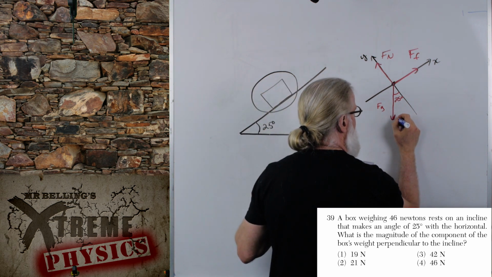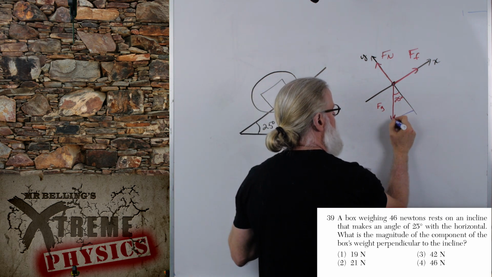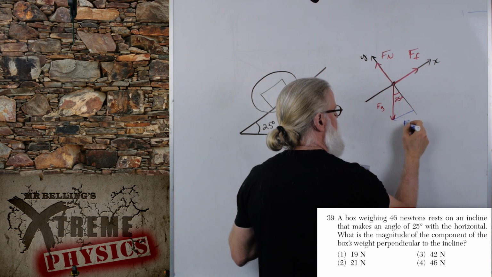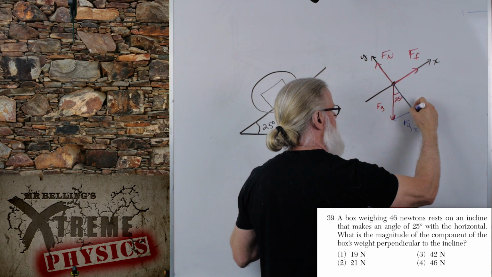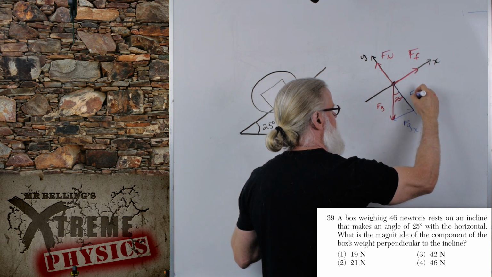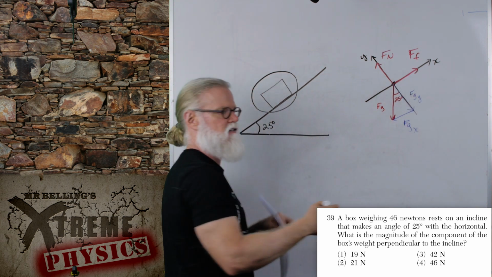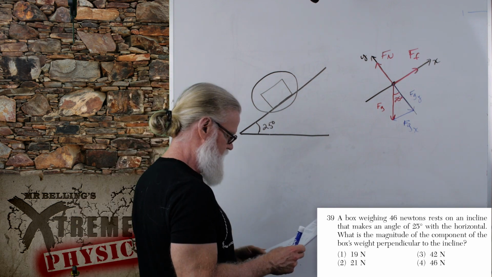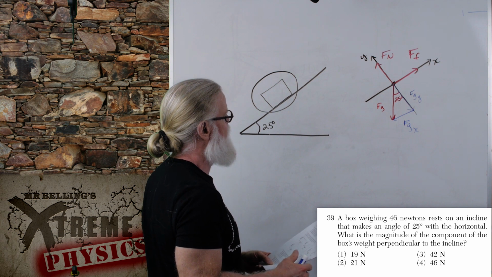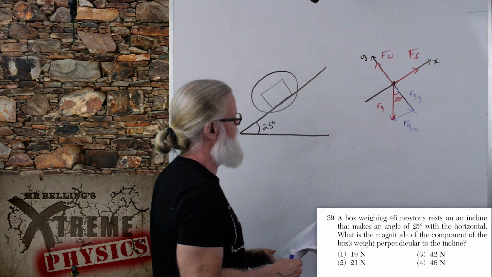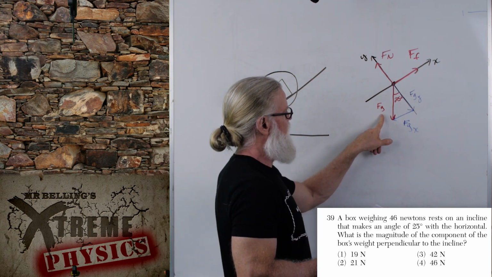We want to make our lives easier mathematically, so we say this is the force of gravity that is down the ramp, or in the x direction, and this is the force of gravity in the y direction. Those are our vector components. What is the magnitude of the component of the box's weight perpendicular to the inclined plane? All right, so here's the weight and the component.